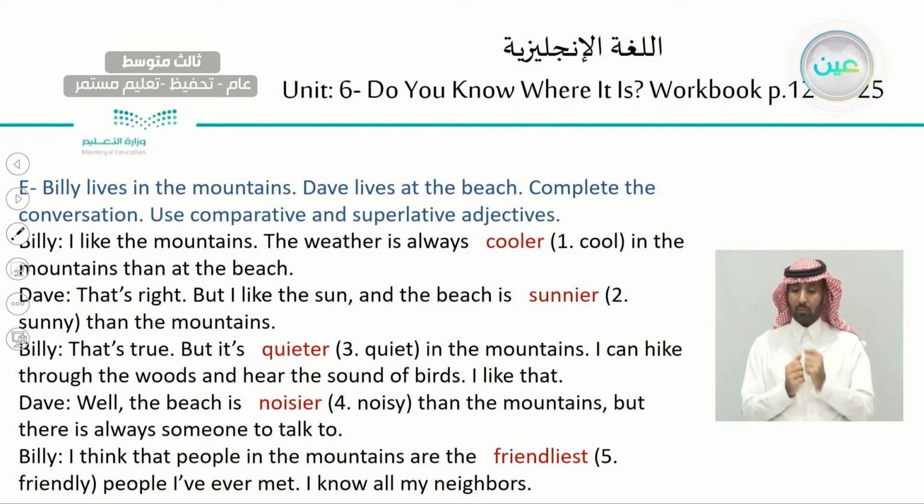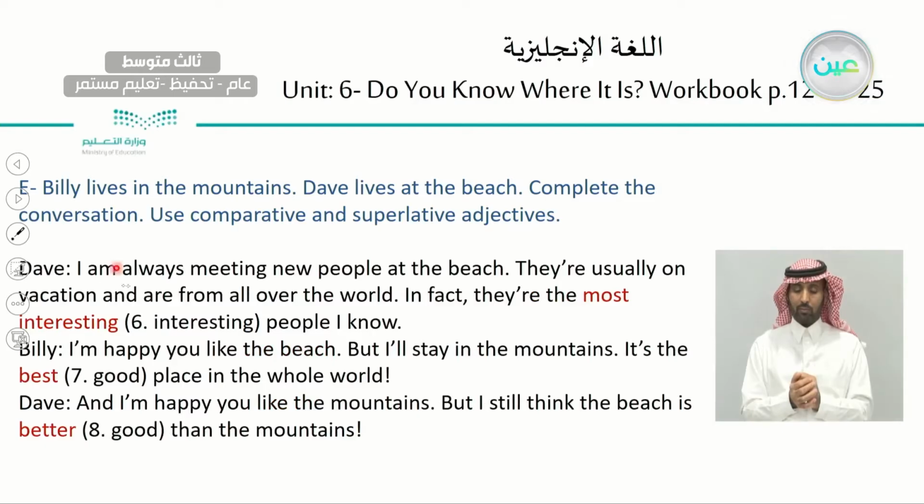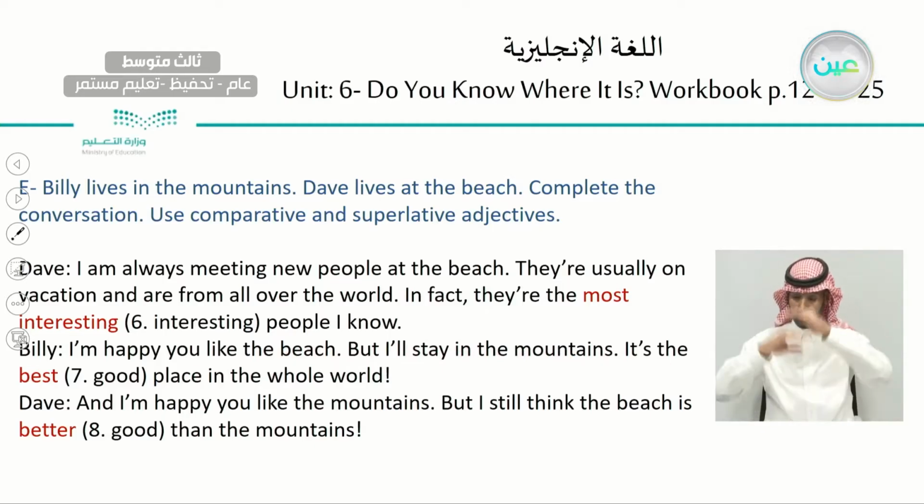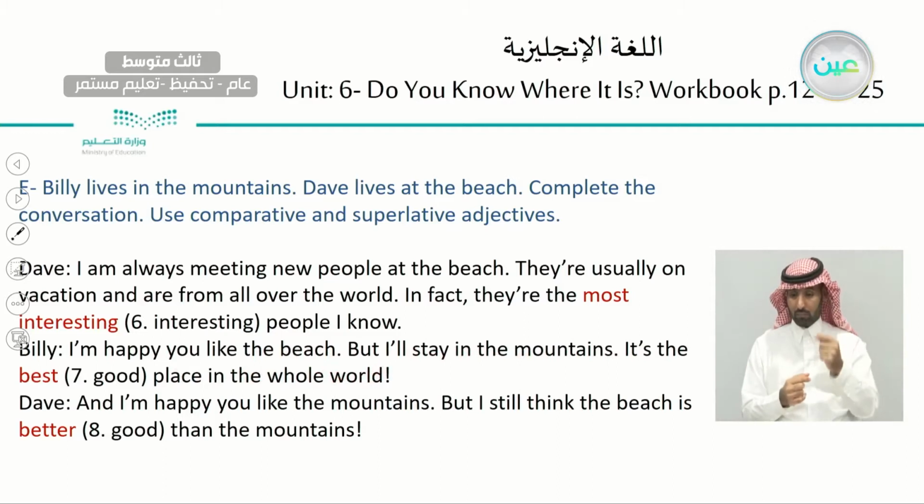I know all my neighbors. Dave: I'm always meeting new people at the beach. They are usually on vacation and are from all over the world. In fact, they are the most interesting people I know. Billy: I'm happy you like the beach, but I'll say the mountains are the best place in the whole world. Dave: And I'm happy you like the mountains, but I still think the beach is better than the mountains.